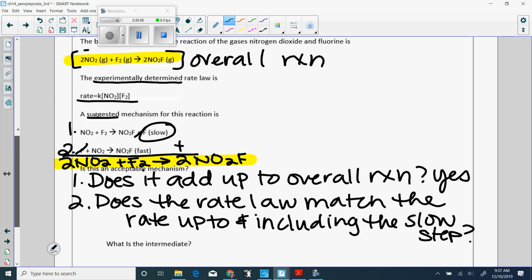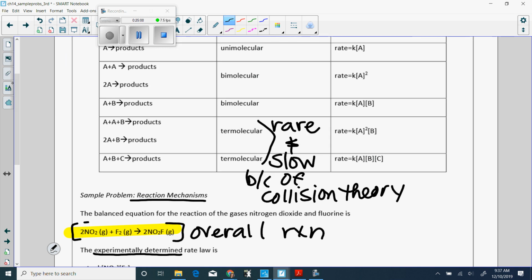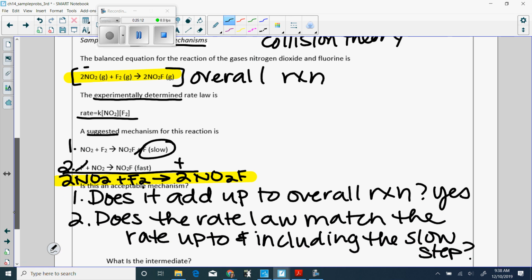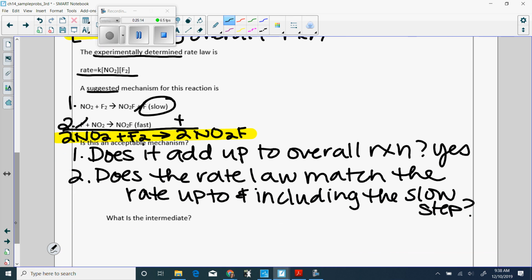With the slow step, I can play this game. Up to and including. Up to means I get to stop after the slow step. If the slow step was second, then I'm going to have to add my steps together. Up to and including the slow step.